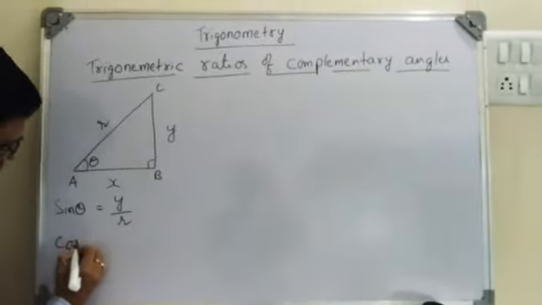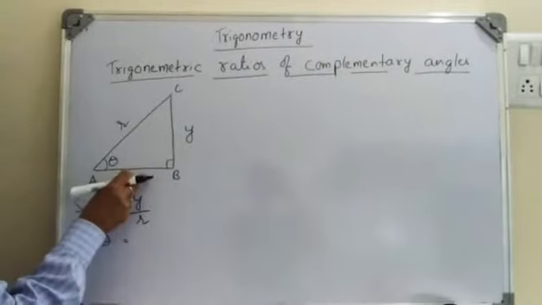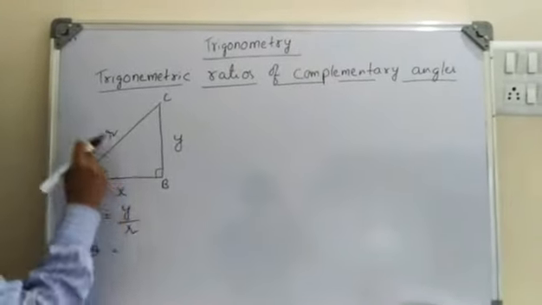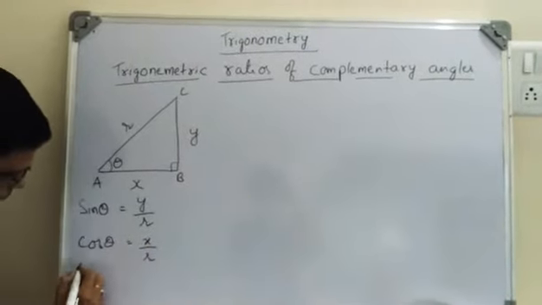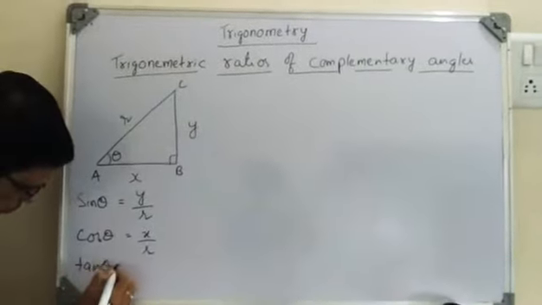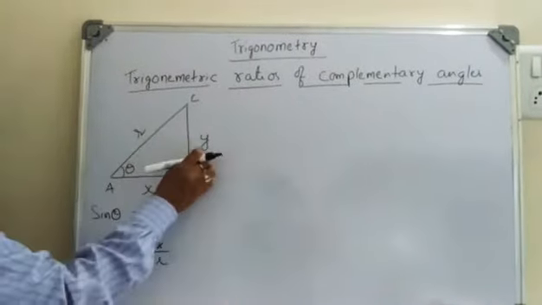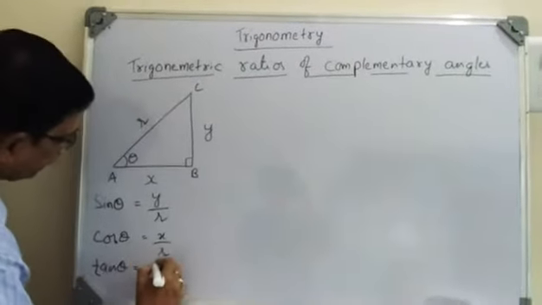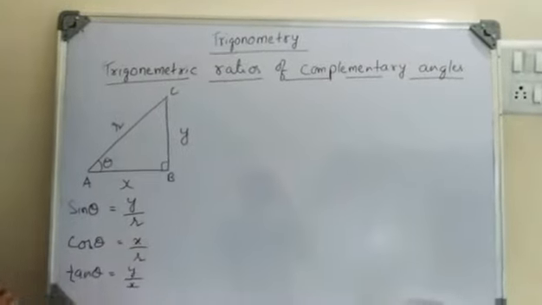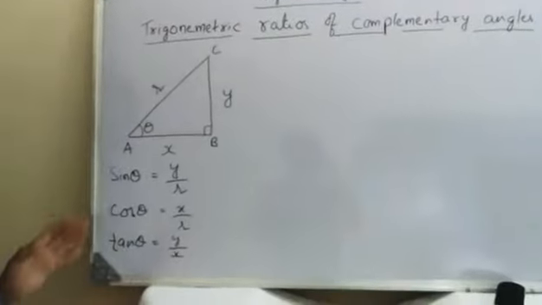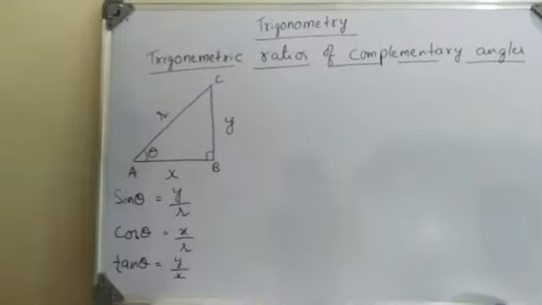Next cos theta is equal to adjacent side by hypotenuse, that is x by r. And the next is tan theta is equal to opposite side by adjacent side, that is y by x. So these are the three ratios we learned in our previous lesson.